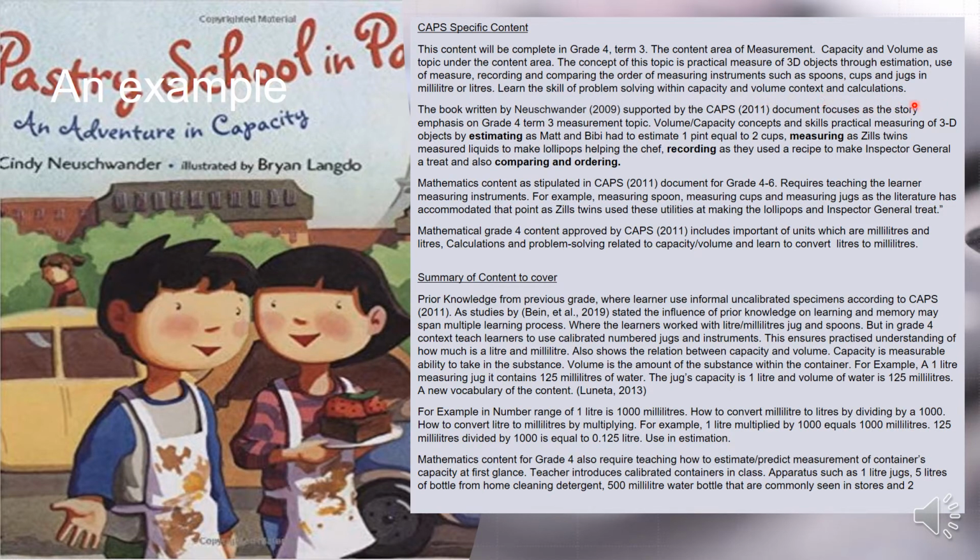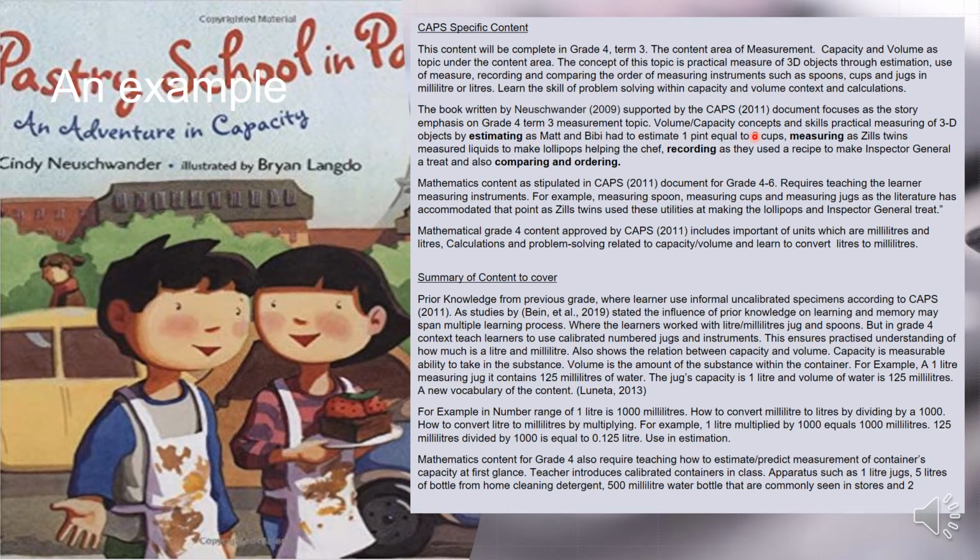Learners learn the skill of problem solving within capacity and volume contexts, and calculations. The book was written to support CAPS documents, focusing on the story and emphasizing the Grade 4 Term 3 measurement topic.